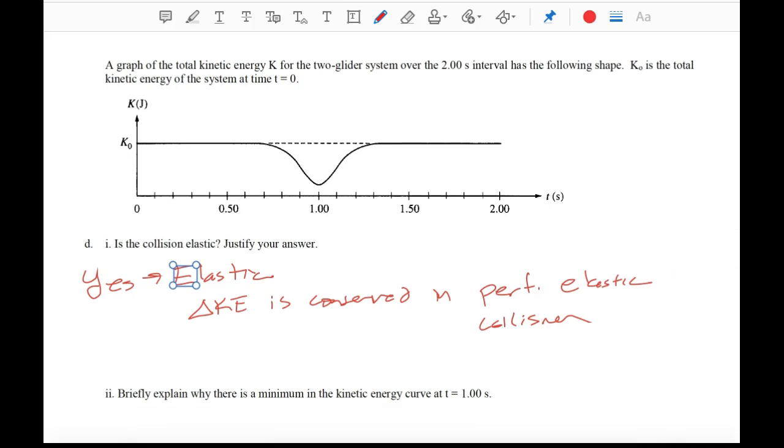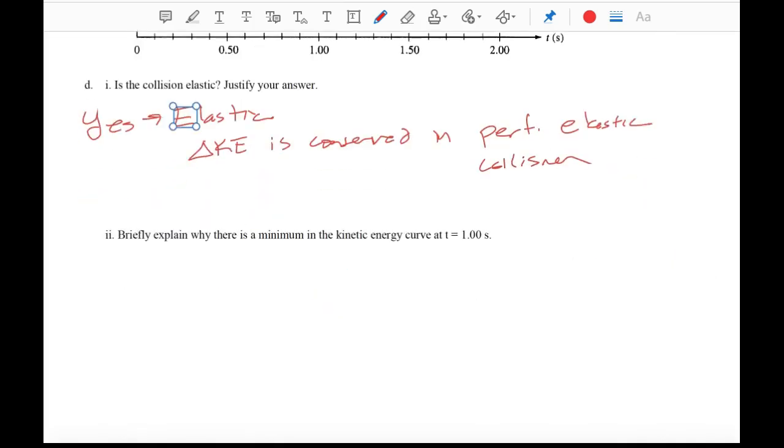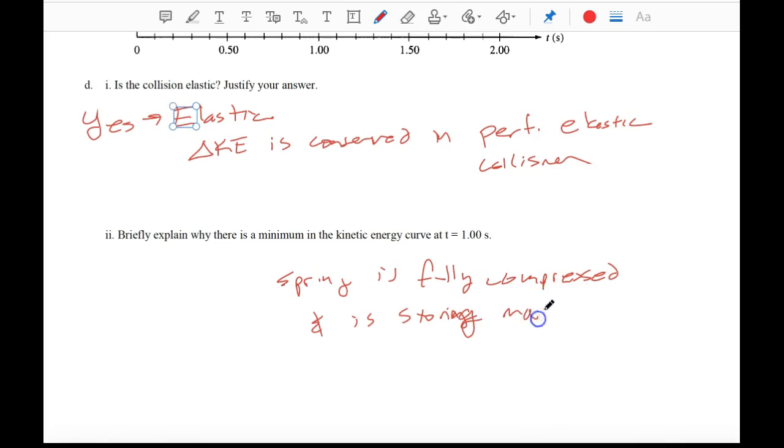Next thing they want us to do is we just have to explain why there is a minimum kinetic energy curve at 1 second. And this is where the spring is fully compressed. So the spring is fully compressed and is storing maximum potential energy.